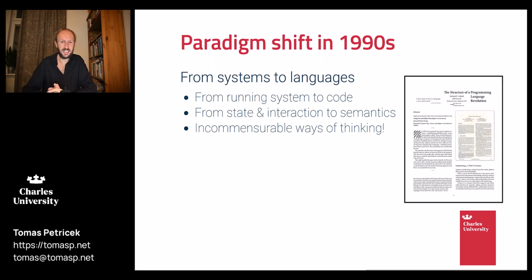What we knew about studying programming systems, we have also partly forgotten. There's an interesting paper by Dick Gabriel called The Structure of a Programming Language Revolution, where he points out that a lot of the published academic research on programming before the 1990s was thinking more about the entire system, including the running process, running state, including how the state changes in response to interactions.